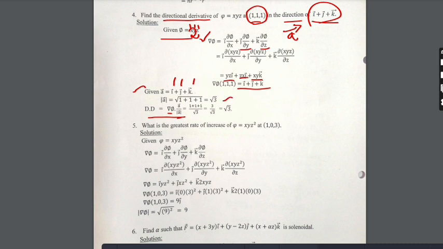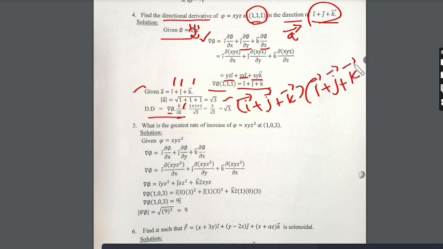Now I am going to substitute everything in the directional derivative formula, that is del phi dot a vector by modulus a vector. Del phi assumes the value i vector plus j vector plus k vector, the value of a vector given in the question is i vector plus j vector plus k vector, and the modulus a vector is square root 3.